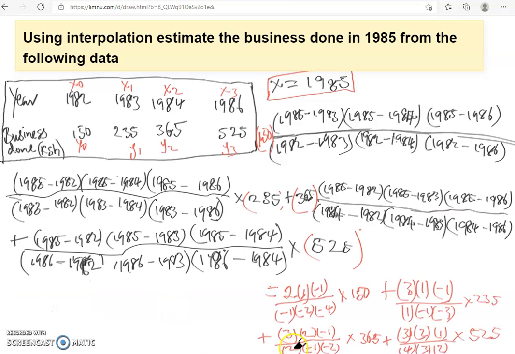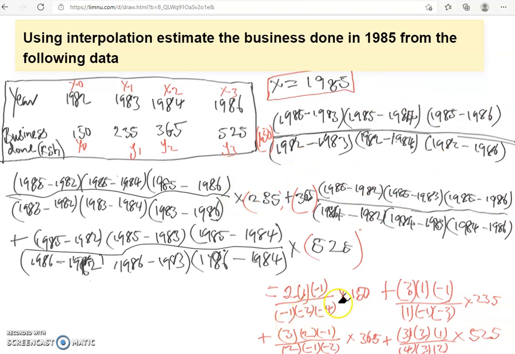So here basically what we have done is algebra. You simply take 1985 minus 1983, you get 2. Do the same, you have 1, you have negative 1, divided by this, and this is what we have.